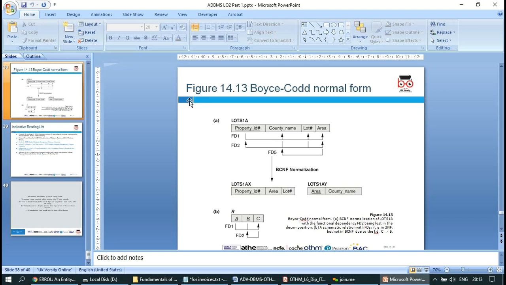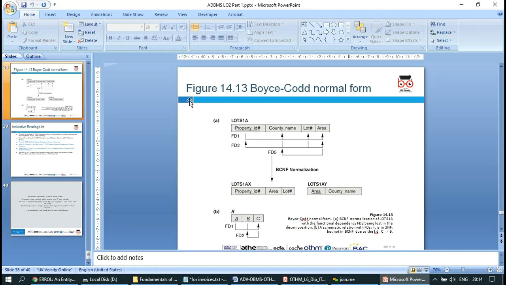Furthermore, area is dependent on the county name, and area is also dependent on the property ID. So here two functional dependencies occur. One functional dependency is that the property ID determines the county name, the lot number, and the area. And area and county name are dependent on the property ID.